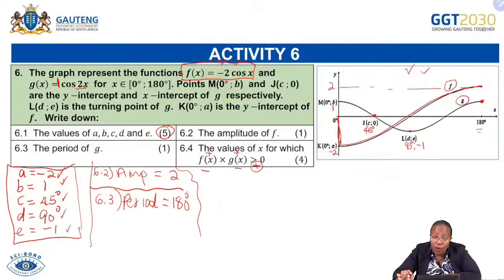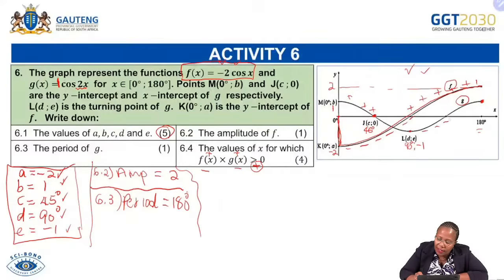Now let's go to our graph. On the graph, above the x-axis, the graph is positive. All our graphs are positive above here. Below, the graphs are negative.